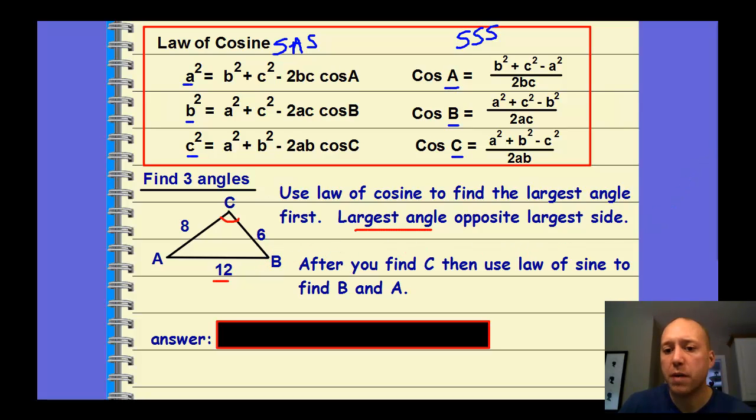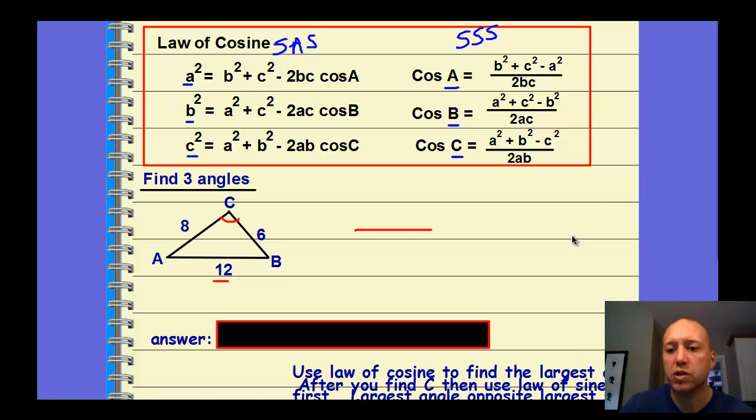For this problem, we're going to plug into our formula for side, side, side, so we can choose to find angle C first right here. Cosine of C is going to equal a squared, so that's 6 squared, plus b squared minus c squared, all over double a times b.